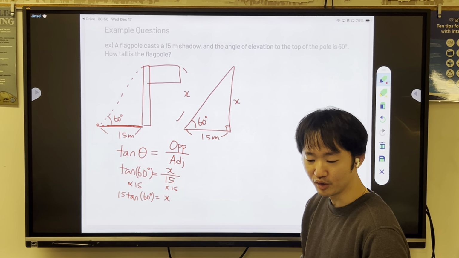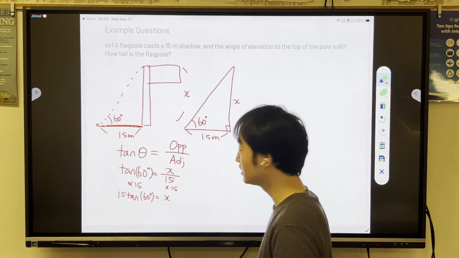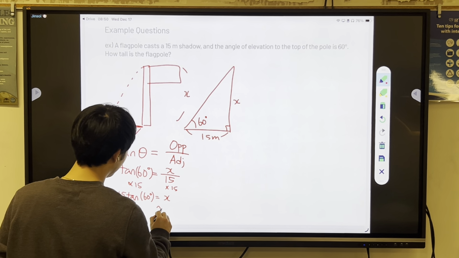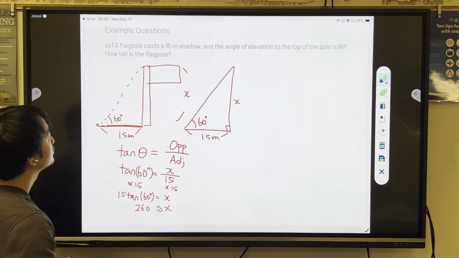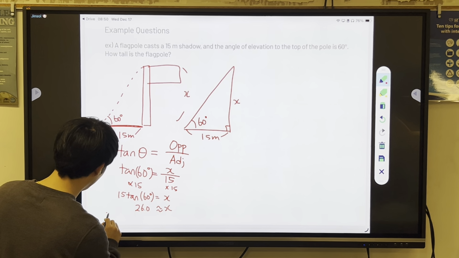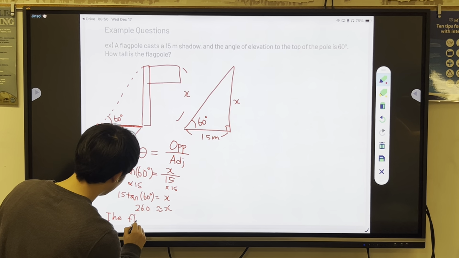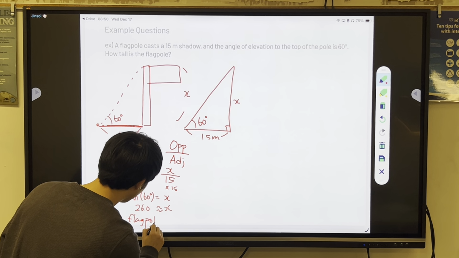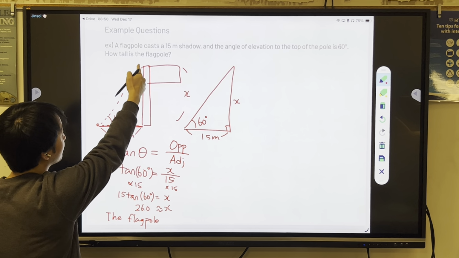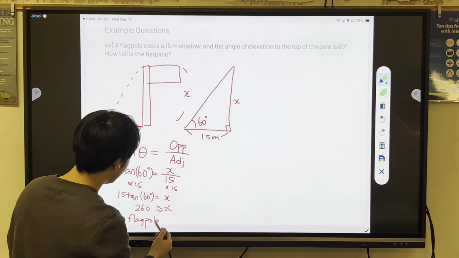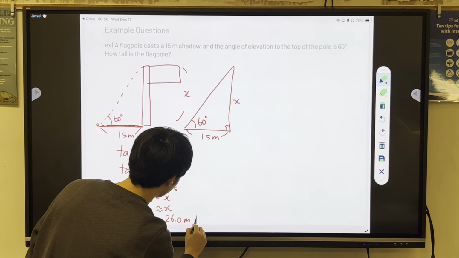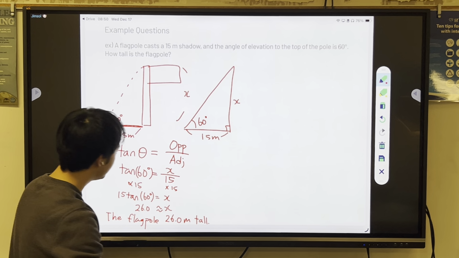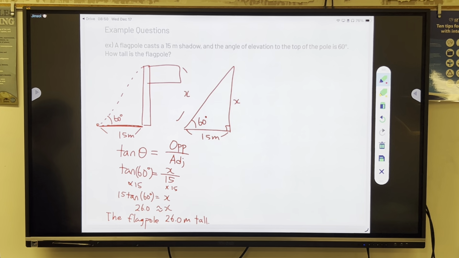And I get 25.98, or approximately 26.0. So the final answer would be: the flagpole, in this case the x value is the length. So that will be 26.0 meters. Remember, it's a word problem, so you answer in words.